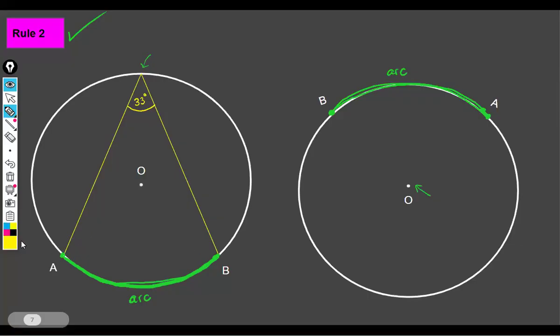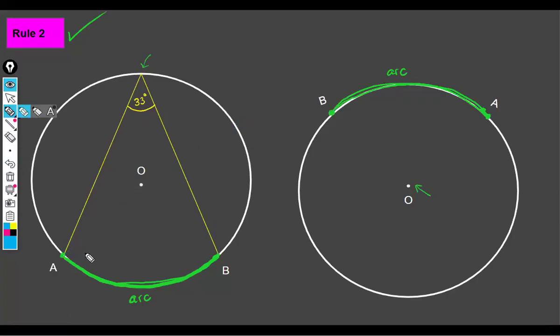If it was rule 1, then the other arc would have started at point A. Again, it would have hit the circumference and bounced back to point B. That is if it was rule 1. But this is not rule 1. So here's the difference between this rule and rule 1.